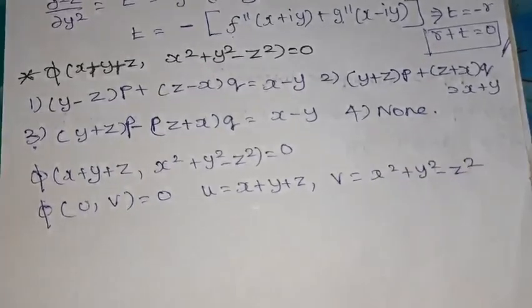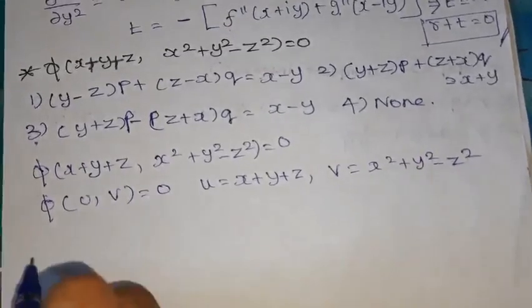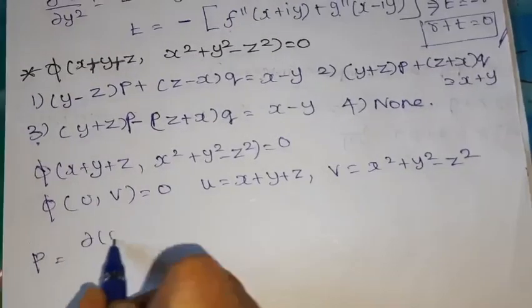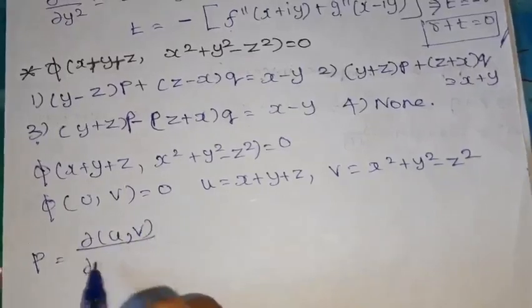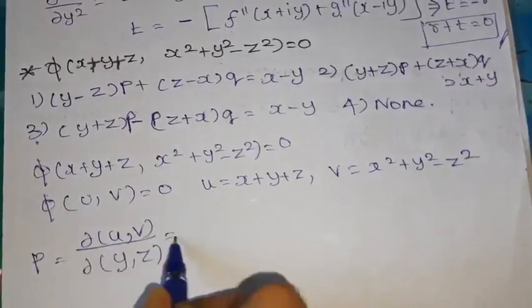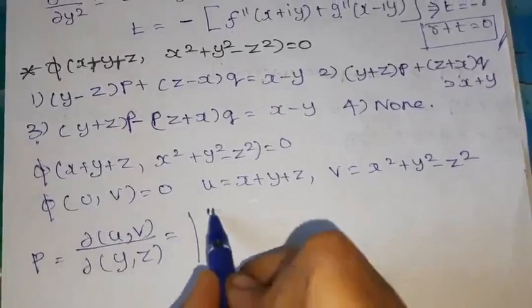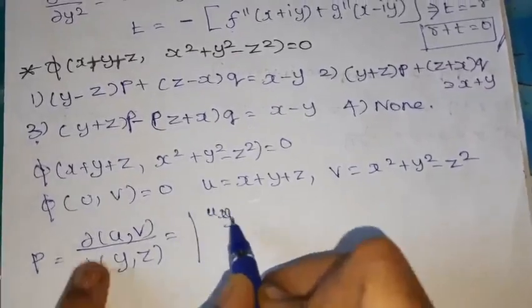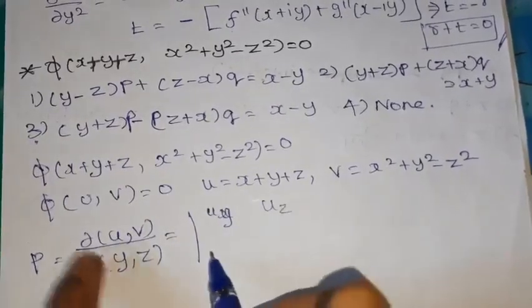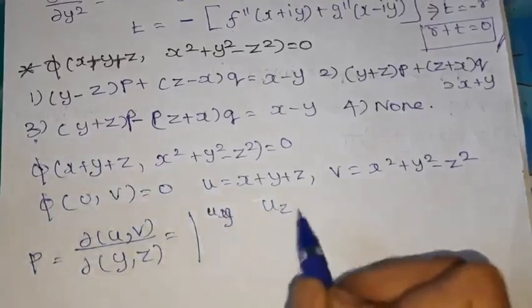Then what we need to do? We need to find out the p. How can we write p? We can write it as dou of u comma v divided by dou of y comma z.